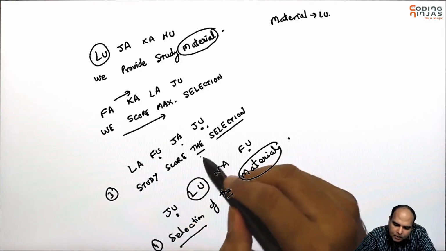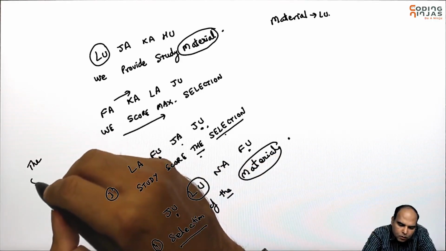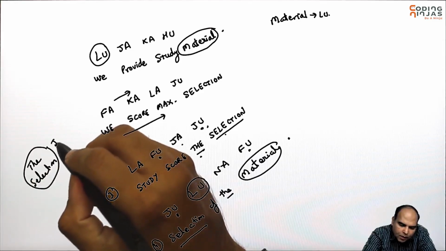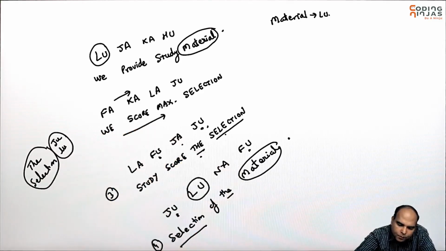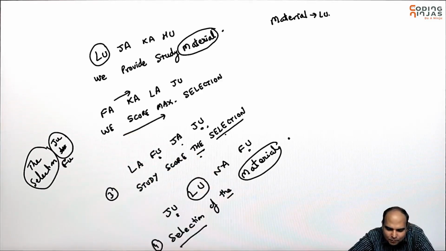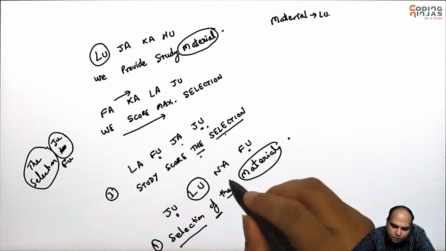So that means "the" and "selection" have to share Ju and Fu. The and selection, let's put that down somewhere, have to be between Ju and Fu. You have to be careful with the language because you're not familiar with it, right? Fu and Ju are the two words for selection and the, but what that gives us, that "of" must be Na.